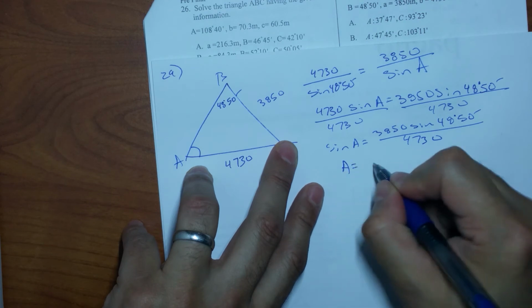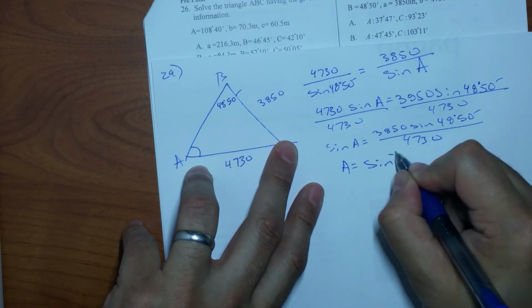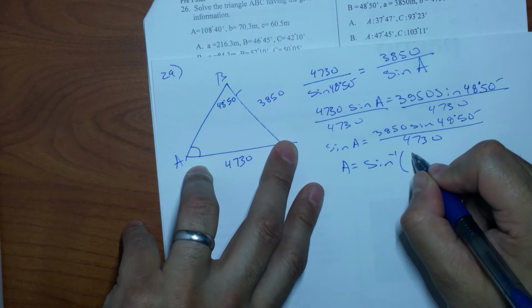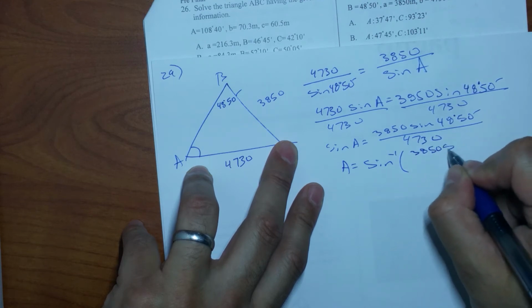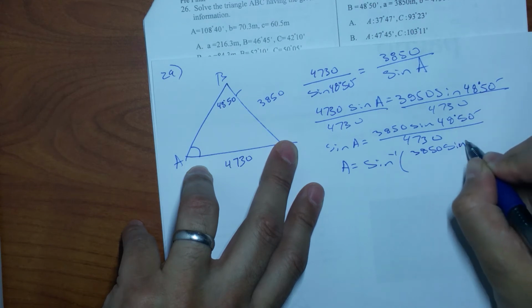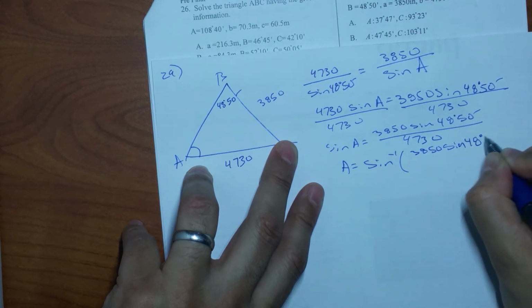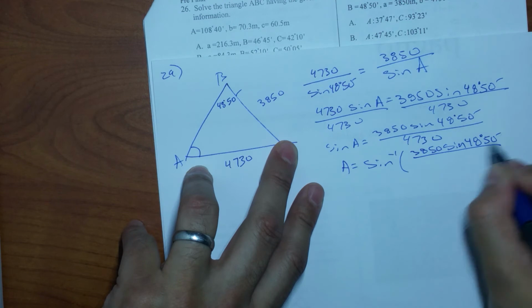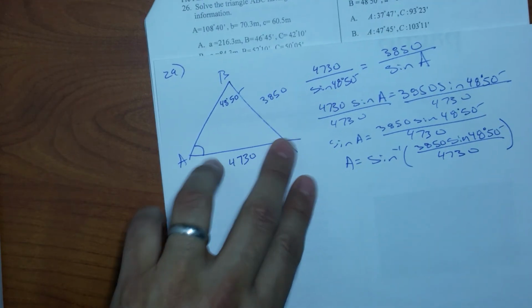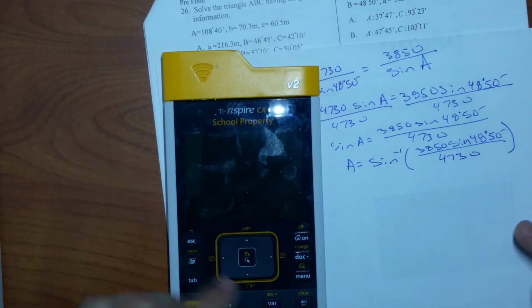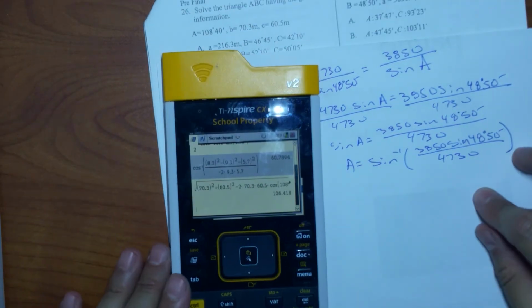So A is equal to inverse sine of 3850 sine of 48 degrees 50 minutes over 4730, like this. Put that in your calculator. Make sure your calculator is in degrees. This is not one you could force.